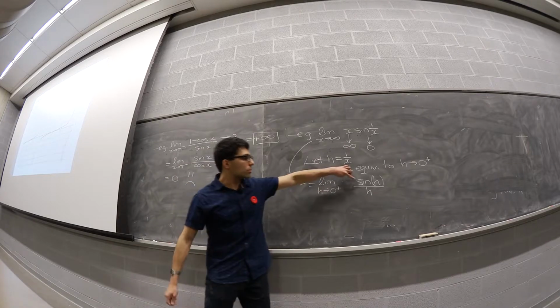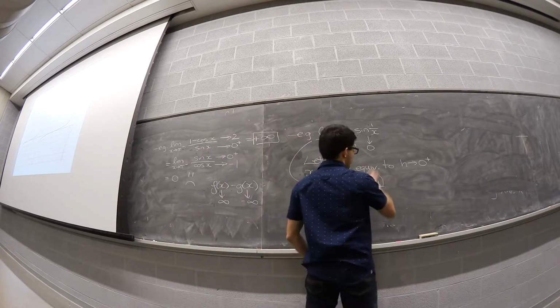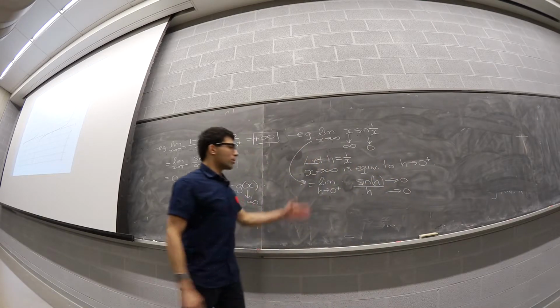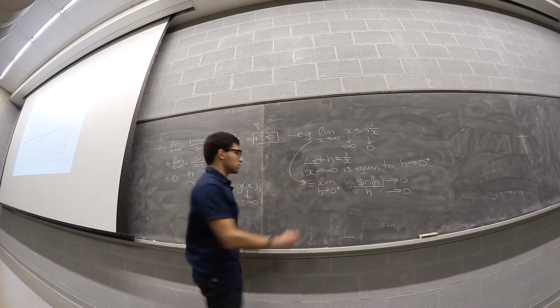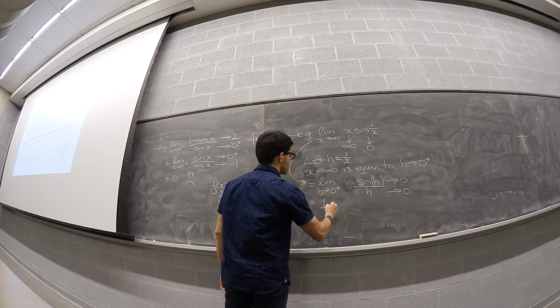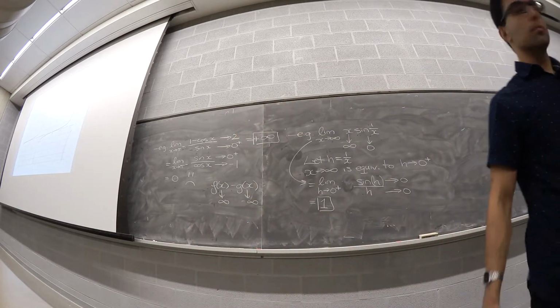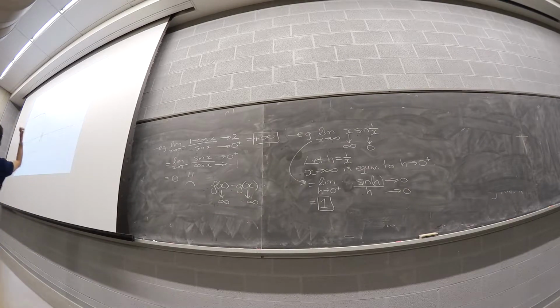As h goes to 0, that guy's going to 0, that guy's going to 0. 0 over 0. And we've seen this before anyway. We know that the limit of sine x over x as x approaches 0 is 1. Life's good. And you will note that as I go this way, I'm approaching 1.